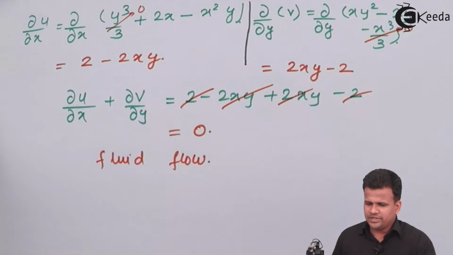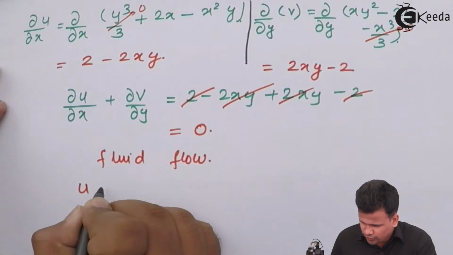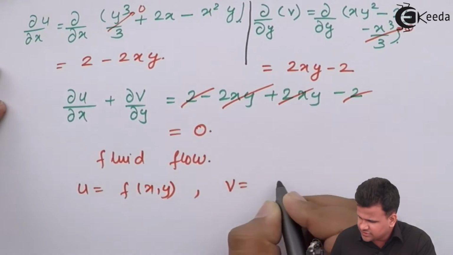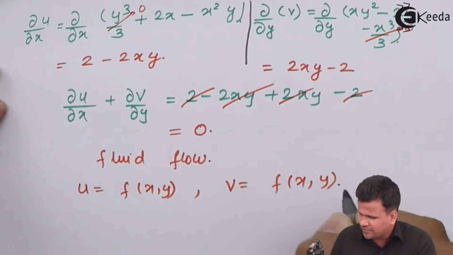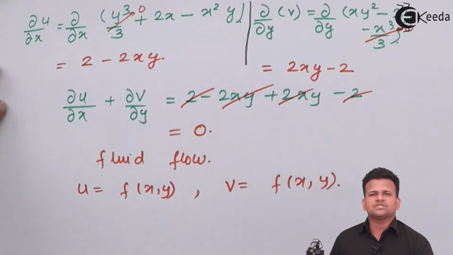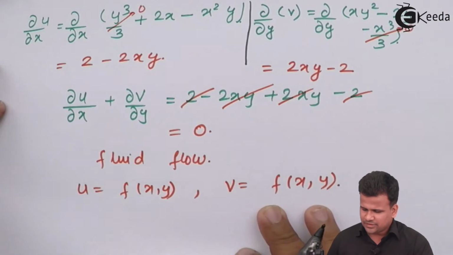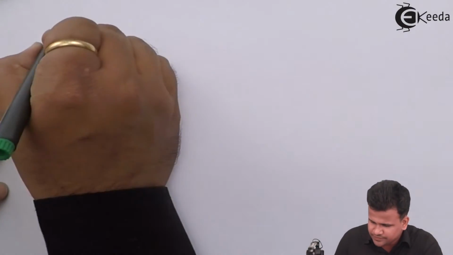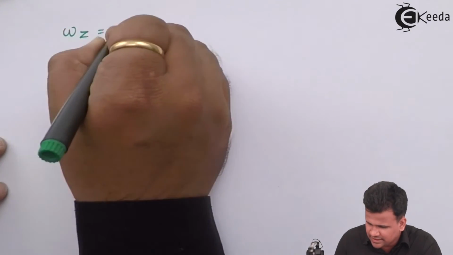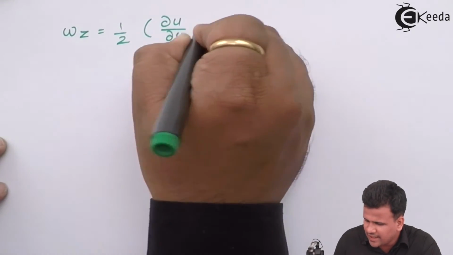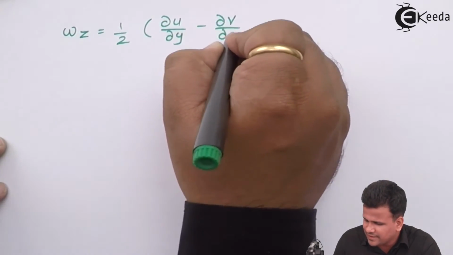Over here we can see that u is a function of x comma y, and v is also a function of x comma y. With these two variables, that is in two dimensions, it can rotate along the z axis only. So now let us calculate omega z. Omega z equals half of dou u by dou y minus dou v by dou x.